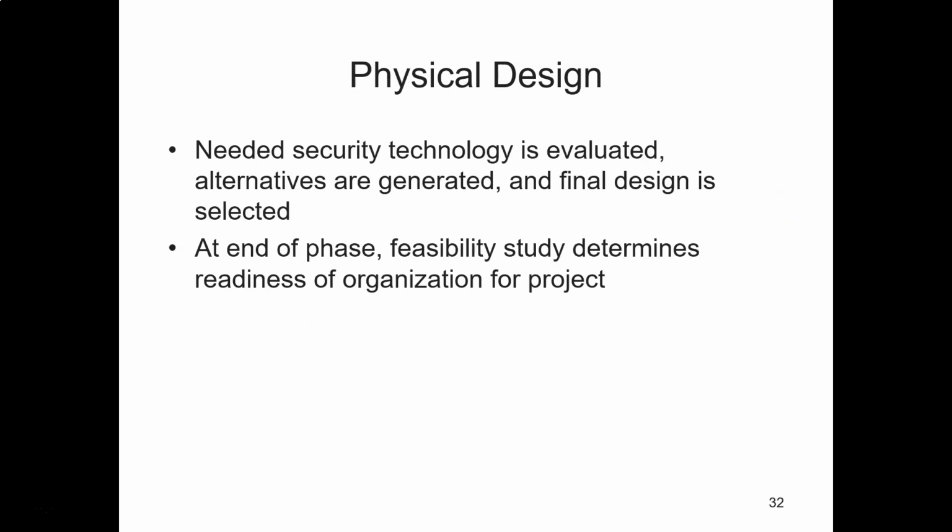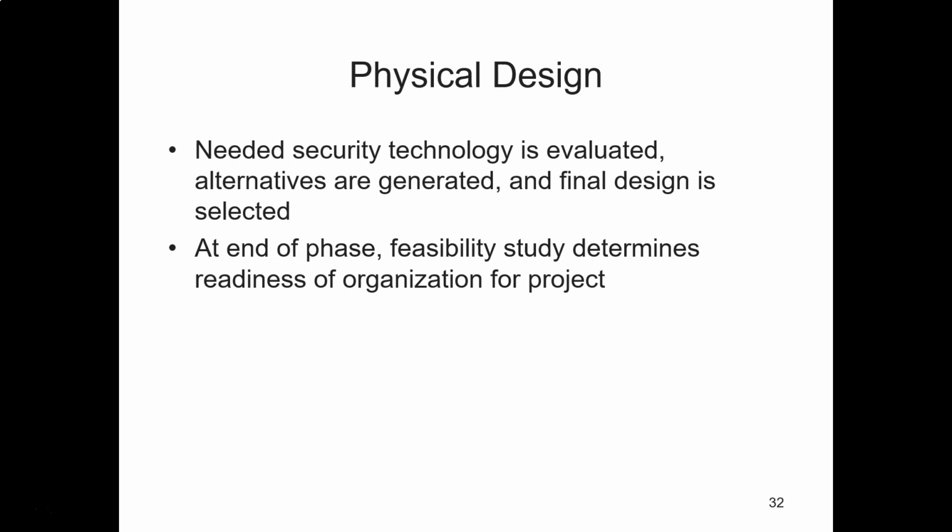In the physical design phase, the organization should identify the technologies needed to support the implementation of the new security system, which includes hardware, software, and network. The selected components are evaluated based on a make or buy decision, developed in-house or purchased from a vendor.